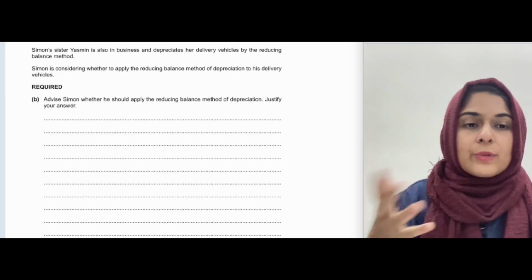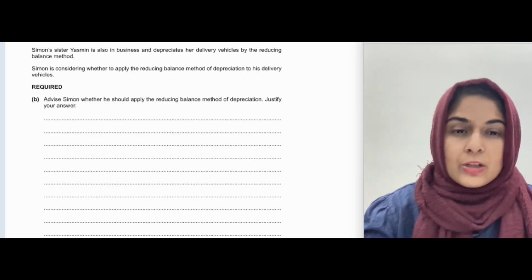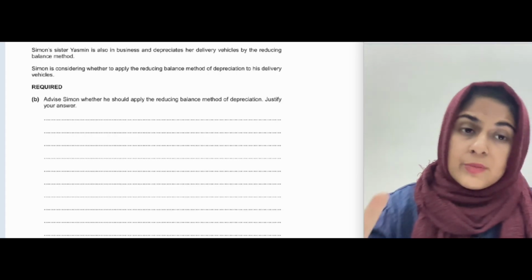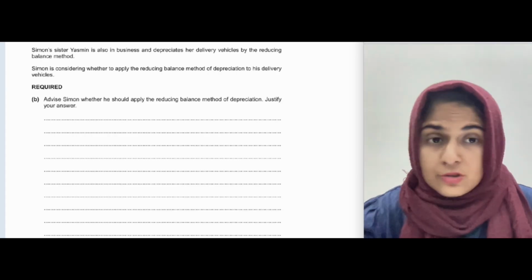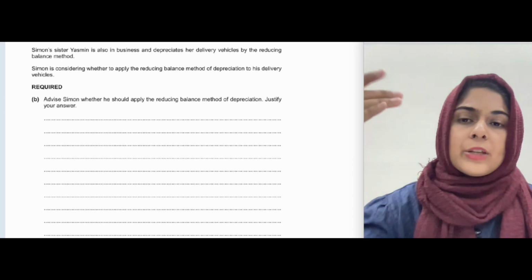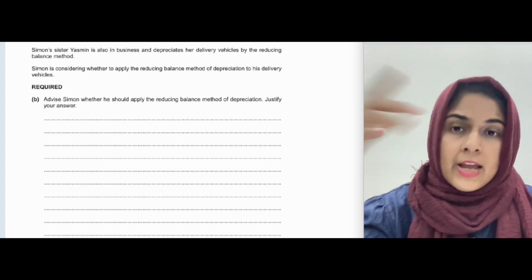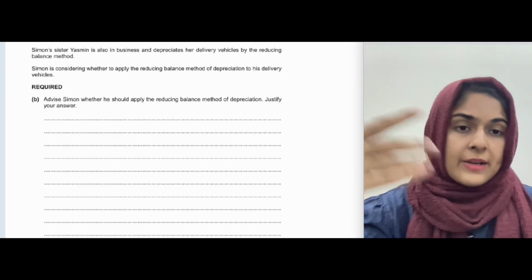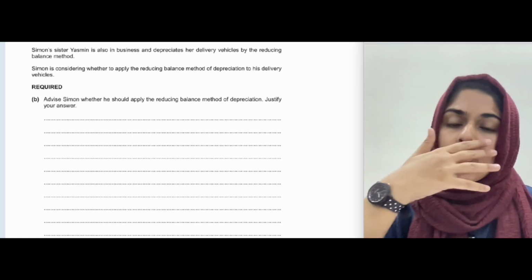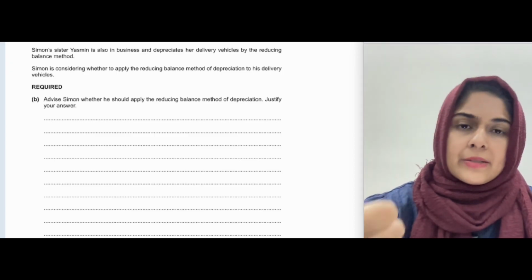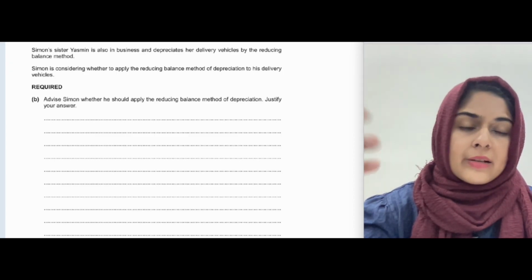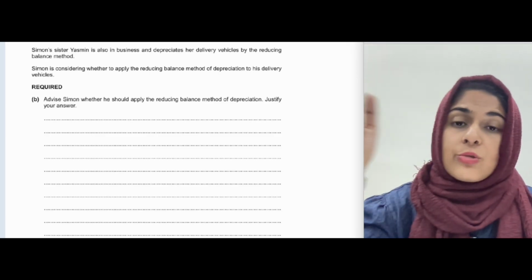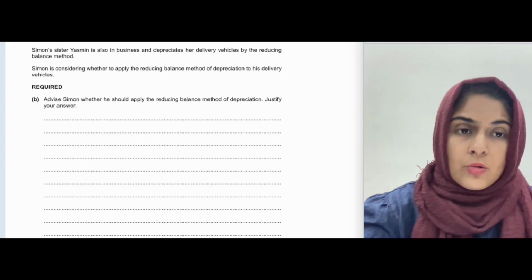Usually delivery vehicles realistically will show a very nice realistic value if we use the RBM method, because RBM में delivery vehicles पे यही होता है कि शुरू में you don't have to pay for a lot of repairs, लेकिन जैसे vehicle old होता जाता है आपको उसके repairs के जो expense होता है वो बढ़ जाता है. Straight line method में इतना realistic नहीं आएगा उसका नेट बुक वैल्यू. रिड्यूसिंग बैलेंस मेथड पे रियलिस्टिक होगी.